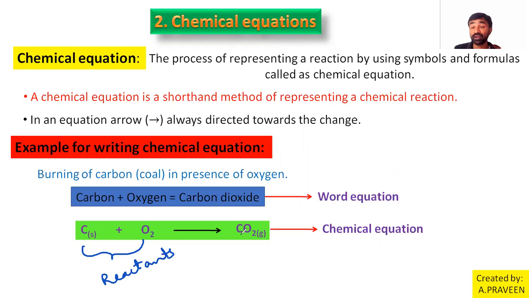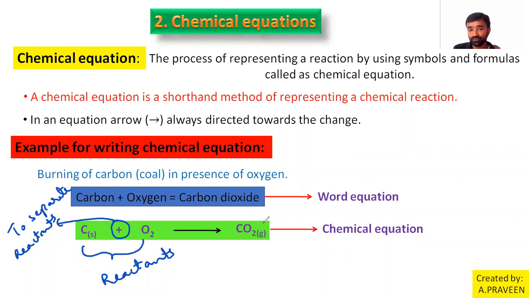Maybe more than one reactant is there. You can use a plus symbol to separate them. Why are we using the plus symbol? Plus is used to separate the substances participating in the reaction, called reactants.